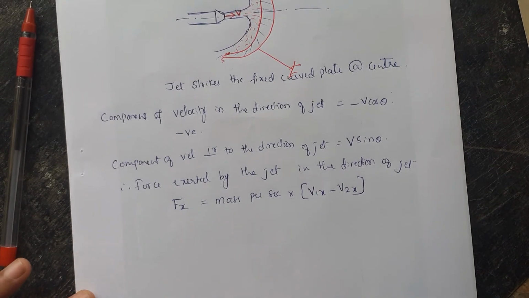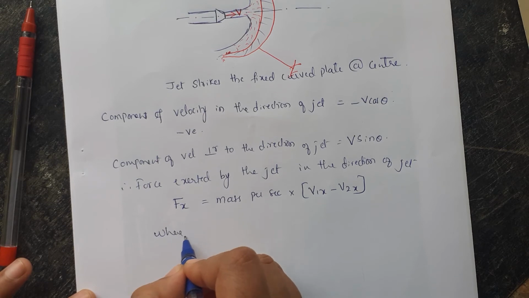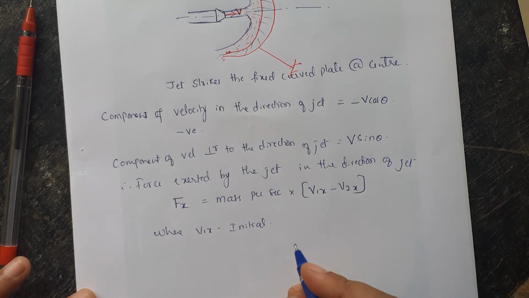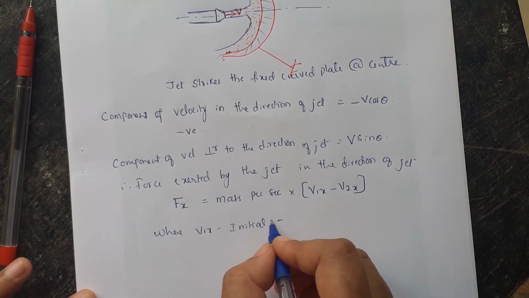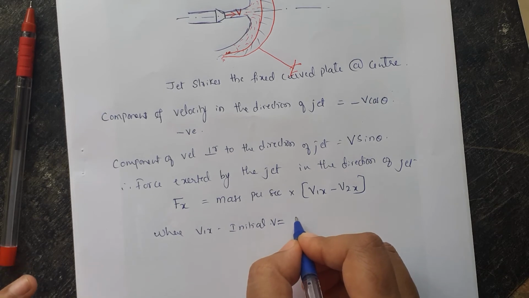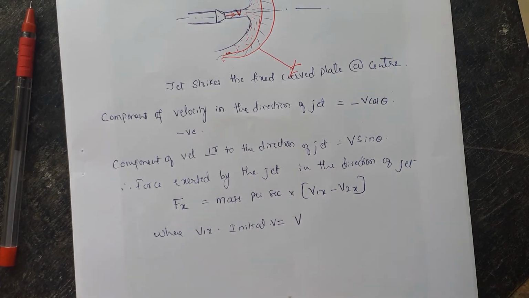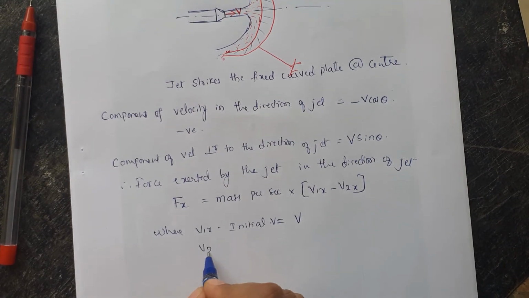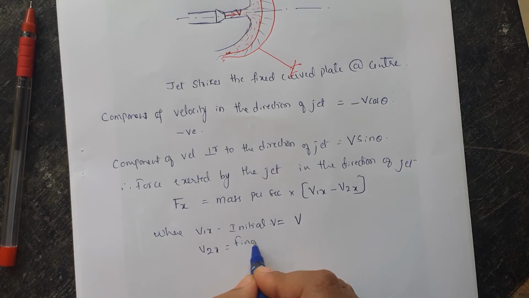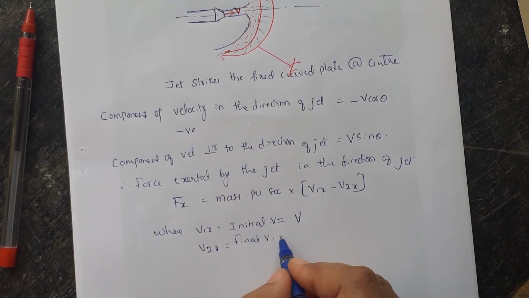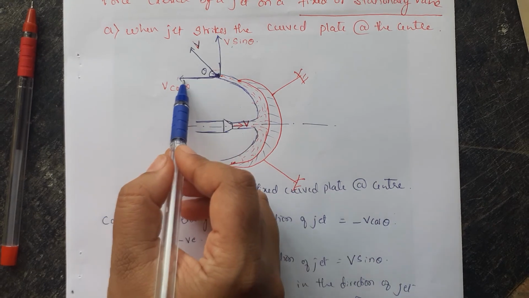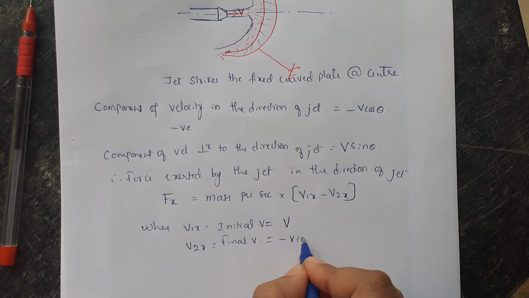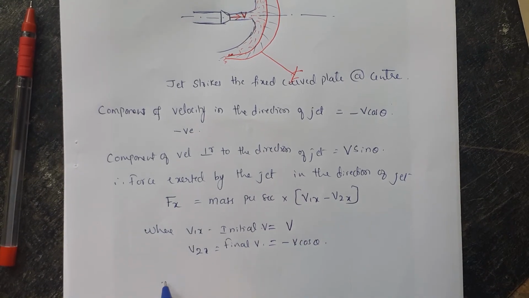Here v1x is the initial velocity in the direction of jet, which is equal to what? v. Initial velocity is v. Then v2x is the final velocity in the direction of jet. So final velocity in the direction of jet is this one, which is equal to minus v cos theta.